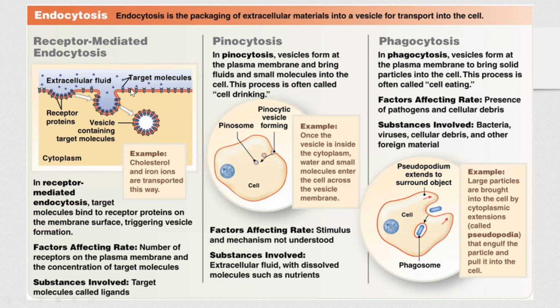A vesicle will be formed only when those target molecules attach to the receptors, and these vesicles containing the ligands will move inside a cell. Molecules bind to receptor proteins on the membrane surface, triggering vesicle formation. An example would be the movement of cholesterol and ions inside a cell.